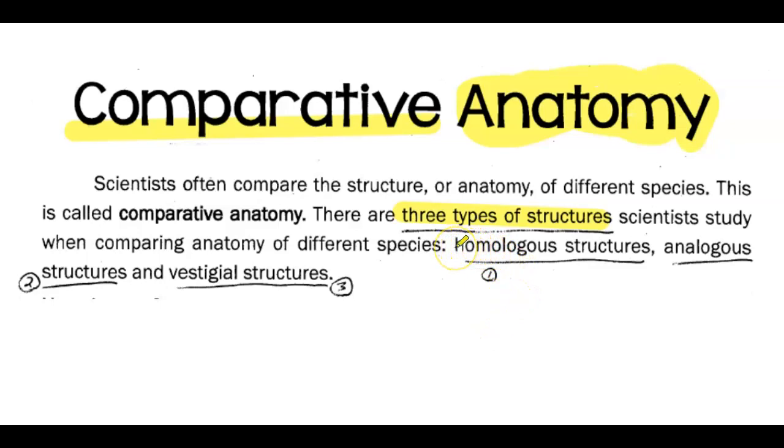There's something called homologous structures, and remember this word, homologous means the same. So we're going to look for structures that are the same among organisms. Then there's something called analogous structures, and then something called vestigial structures, and we'll get to those in a minute.